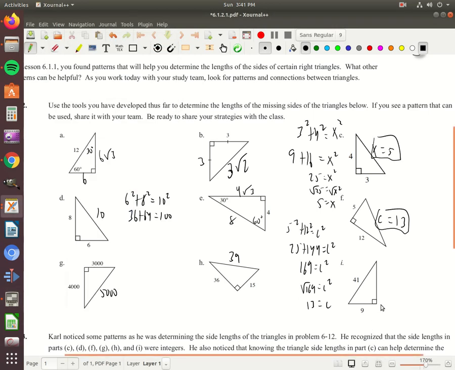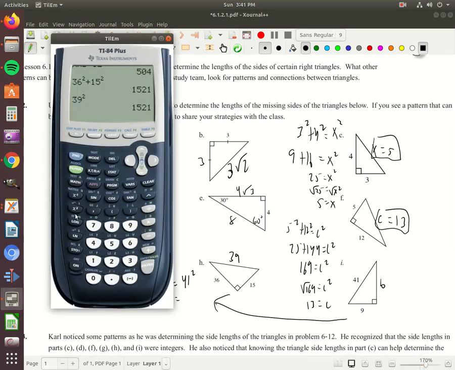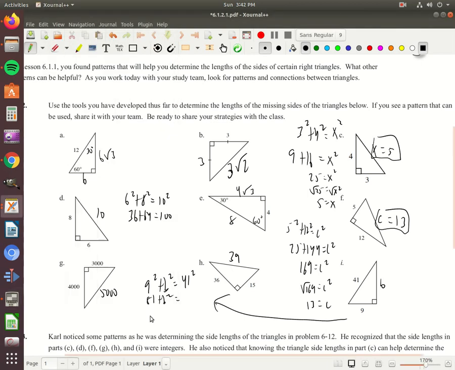And then the last thing we're going to do is complete this one, which I'll do over here. I'll call this b. So 9 squared plus b squared is going to equal 41 squared. I know that this is going to equal 81 plus b squared equals, I have no idea what 41 times 41 is. So 41 squared equals 1681. I will subtract 81 from each side.